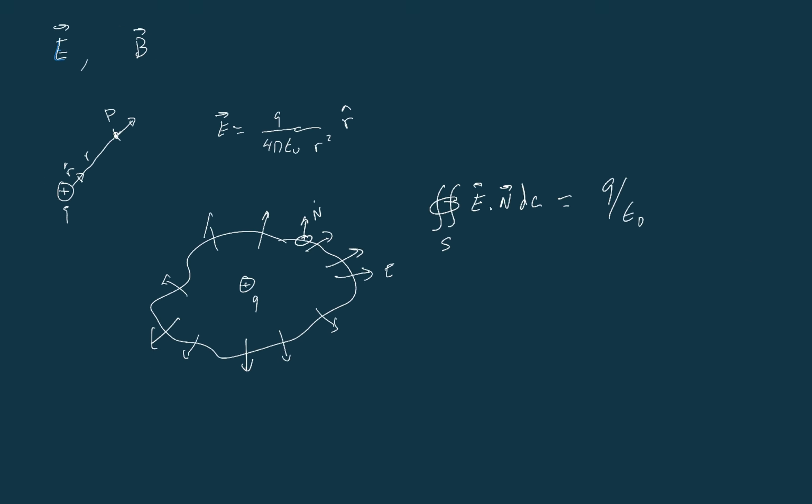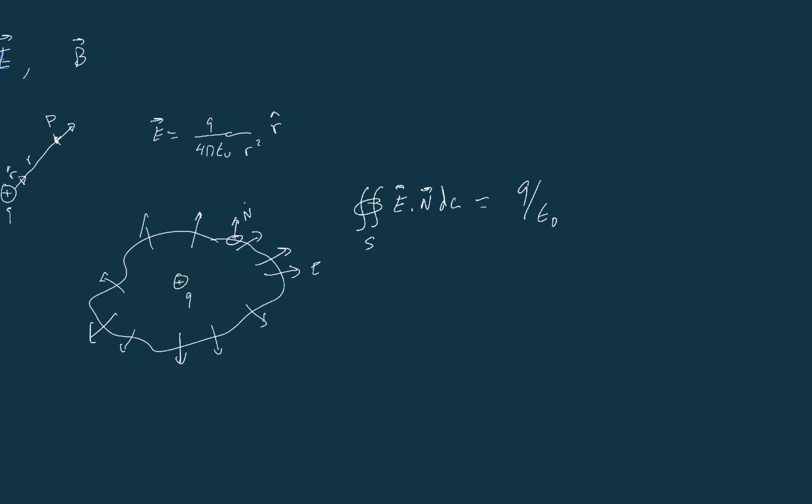So how do we connect this, Gauss's law, the first law of Maxwell's equations, with the divergence theorem? We will say this: a double integral is related with a triple integral by the divergence theorem.